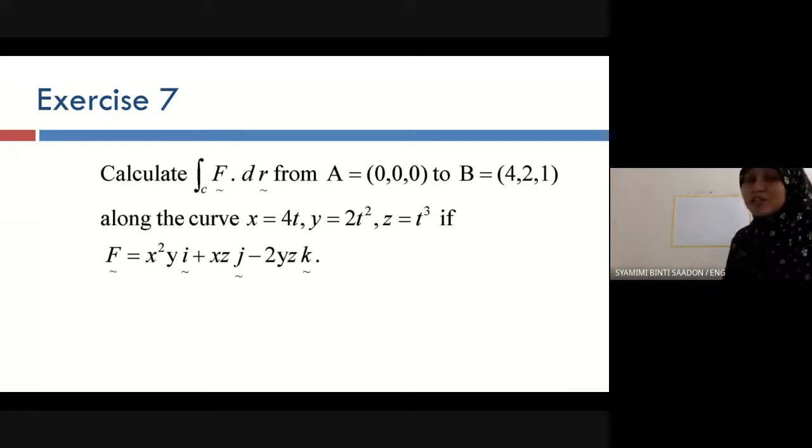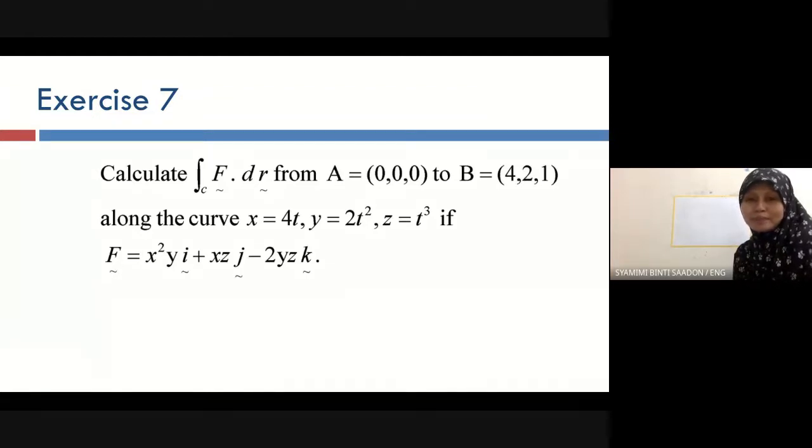So we have to change the vector f first. F is x square y i plus z j minus 2yz k.